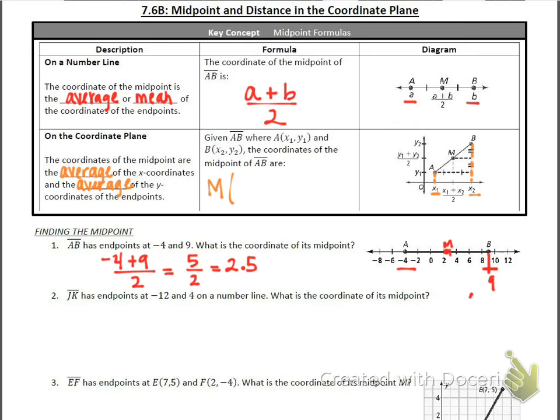So when I'm finding the coordinate of the midpoint, to find the x-coordinate, we add x1 and x2 and divide by 2, comma. To find the y-coordinate of the midpoint, we do the same thing with the y's. y1 plus y2, divide by 2. And then close the parentheses. So this is finding an x comma y. So we're looking at average x comma average y, basically, is what we're looking for.